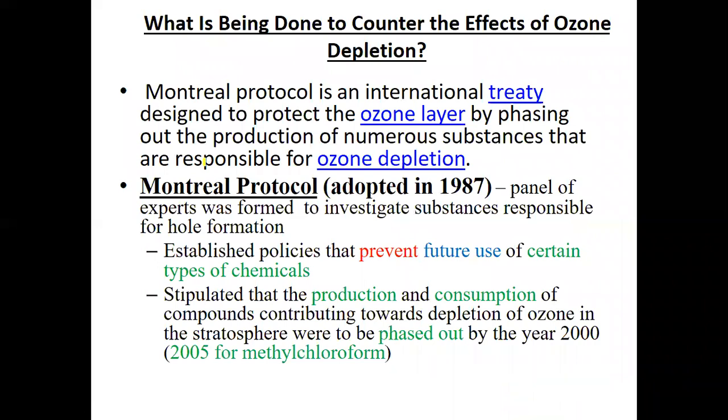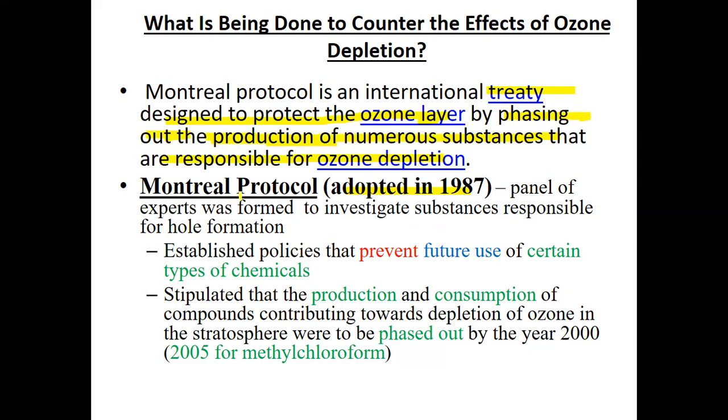Then the Montreal Protocol. The Montreal Protocol is an international treaty designed to protect the ozone layer by phasing out, banning, or stopping the production of numerous substances responsible for ozone layer depletion. It was adopted in 1987. A panel of experts was formed to investigate the substances responsible for the ozone hole formation.